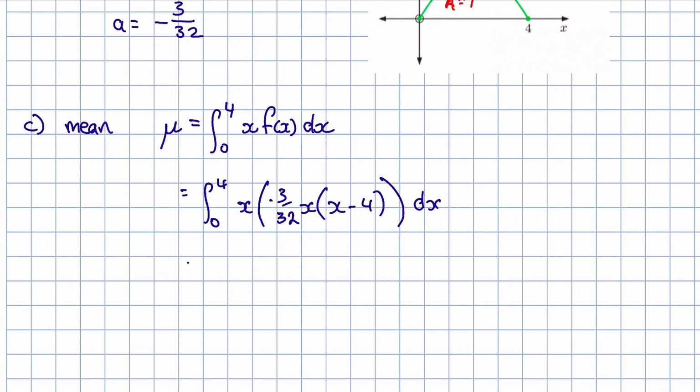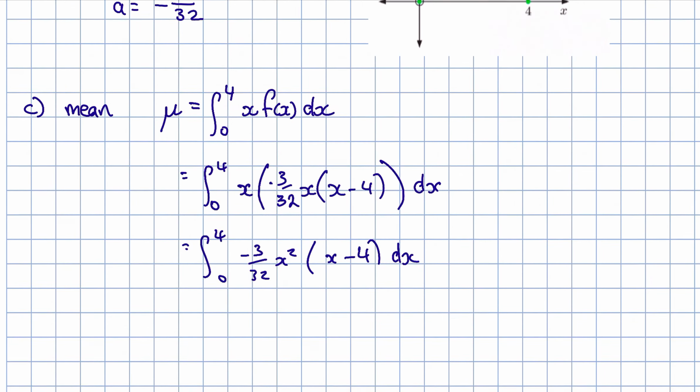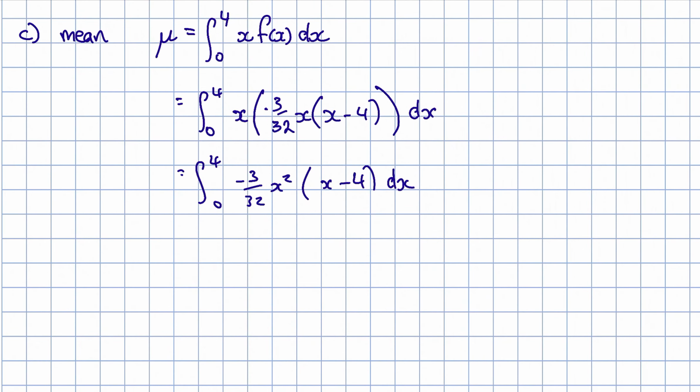But because we have limited integration rules, we're going to need to expand that out into something easier to deal with. So let's firstly make that negative 3/32 x squared, x minus 4, dx. And then I'm going to do something that we didn't really talk much about in the integration section, but we probably should have, and it's going to make these questions a whole lot easier.